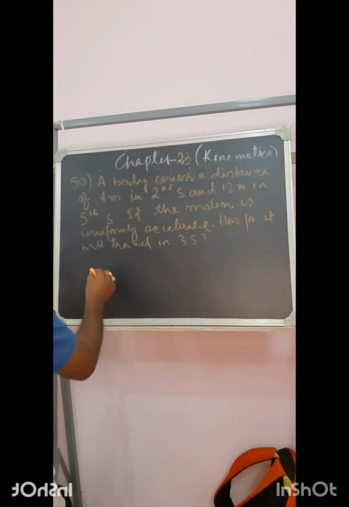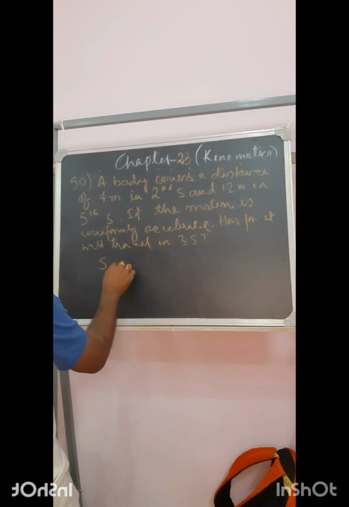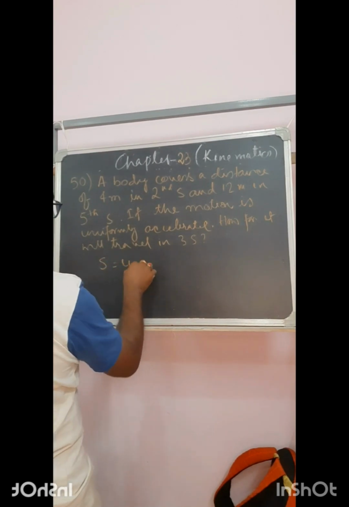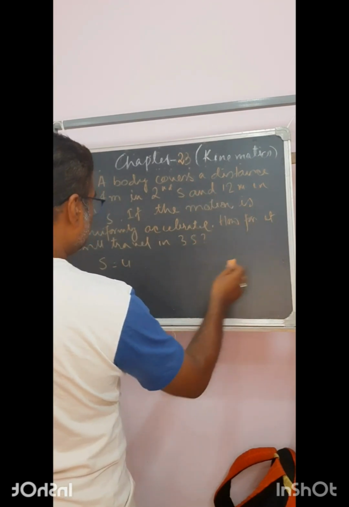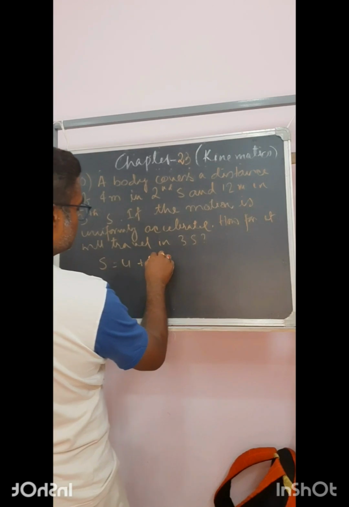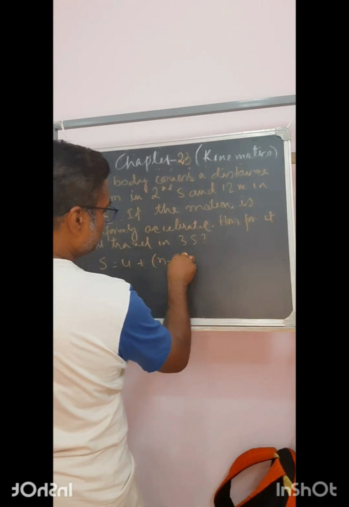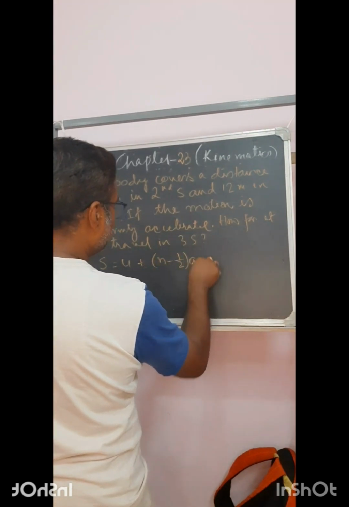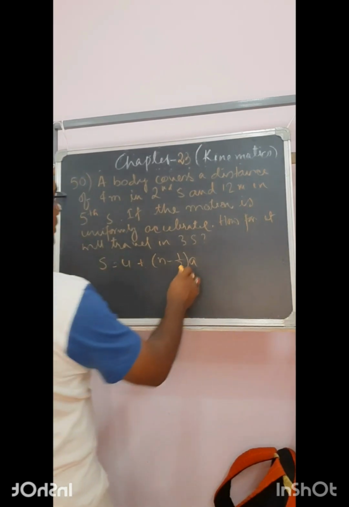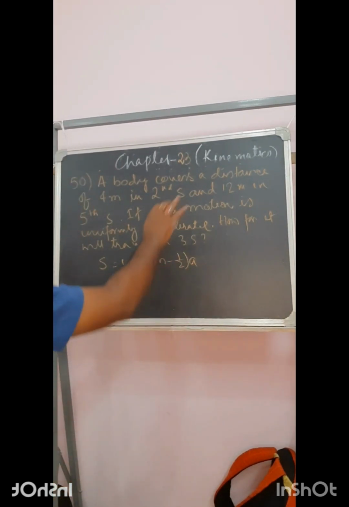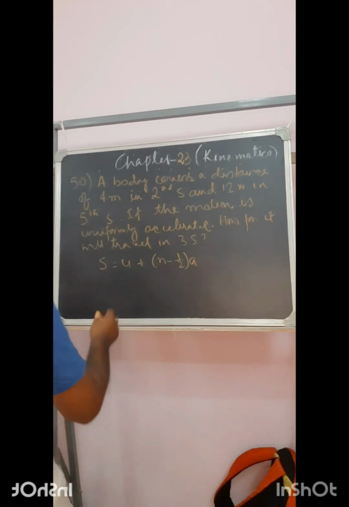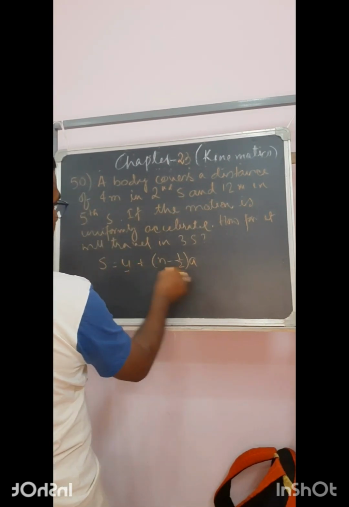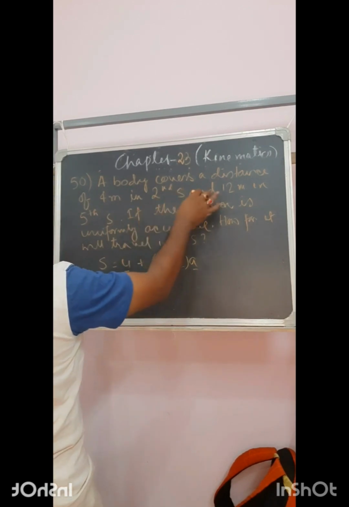So as per the Galileo's trick, we know that any distance traversed in a particular time, that is the nth second, is u plus (n minus 1 by 2) into a. u is the initial velocity, a is the acceleration. A body covers a distance at these seconds, and u and a are unknown. So there are two sets of values.